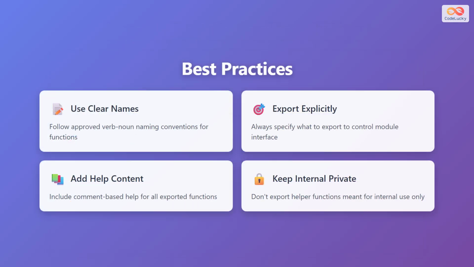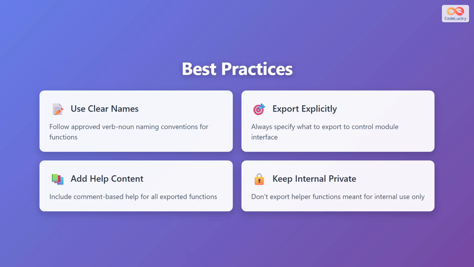Let's review some best practices for creating script modules. First, use clear names by following the approved verb-noun naming conventions for your functions. This makes your functions predictable and easy to discover. Second, export explicitly by always specifying what to export using Export-ModuleMember. This gives you full control over your module's interface and prevents accidental exposure of internal functions.